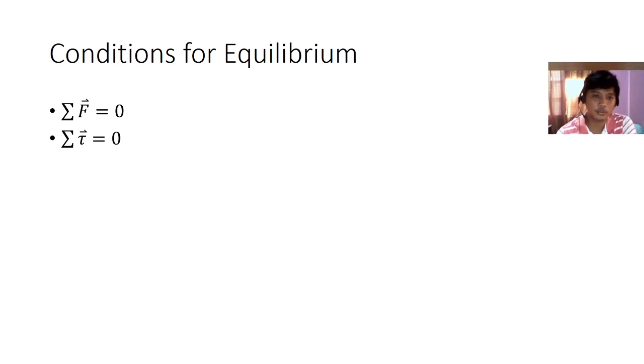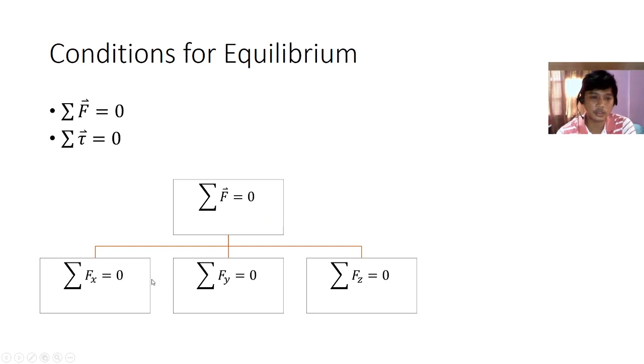So for an object to be truly in equilibrium, whether static or dynamic, it must obey the following conditions. First, the sum of all forces should be equal to zero, and the sum of all torques acting on the rigid object must be equal to zero. But this first equation is actually three different equations.